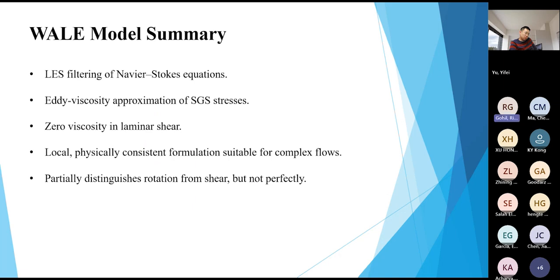In summary, for the WALE model: LES filtering of the Navier-Stokes equation, eddy viscosity approximation for SGS stresses, zero viscosity in laminar shear, and a local, physically consistent formulation suitable for complex flows. It partially distinguishes rotation from shear, but not perfectly.